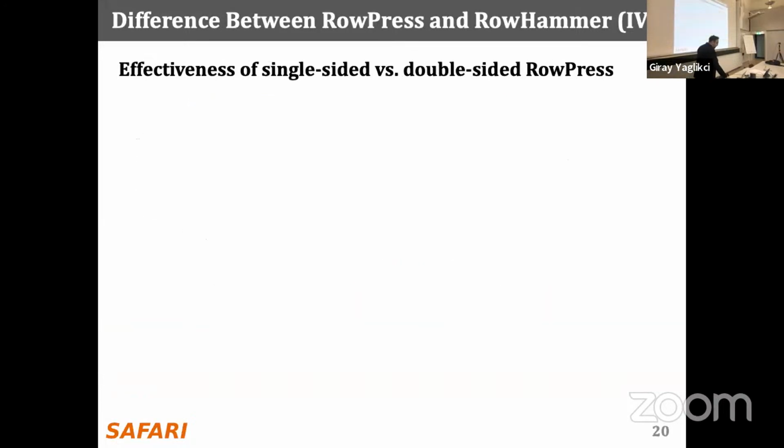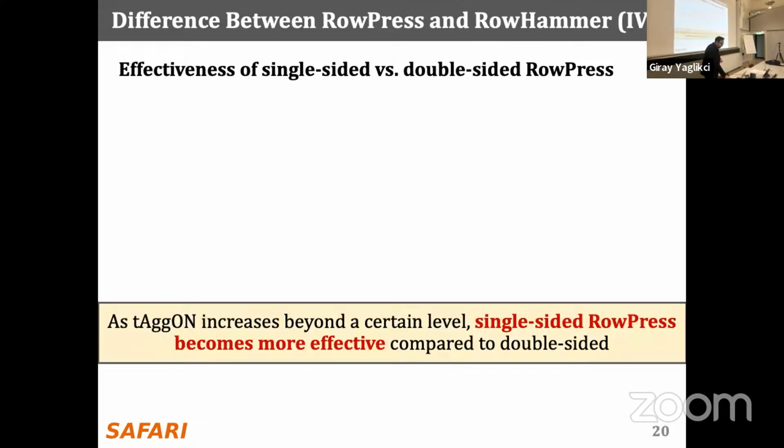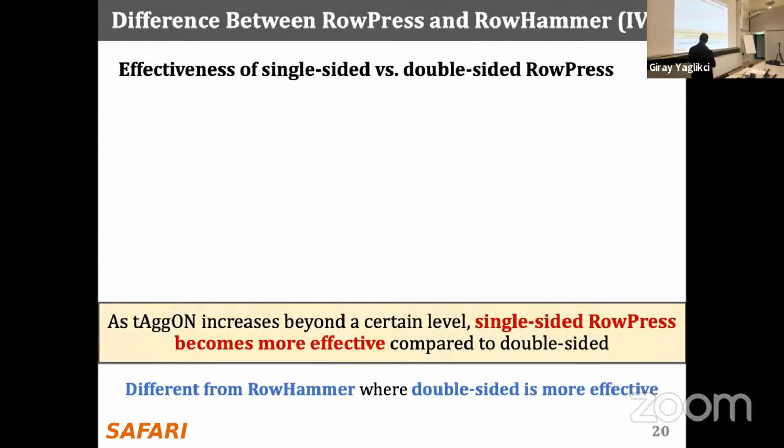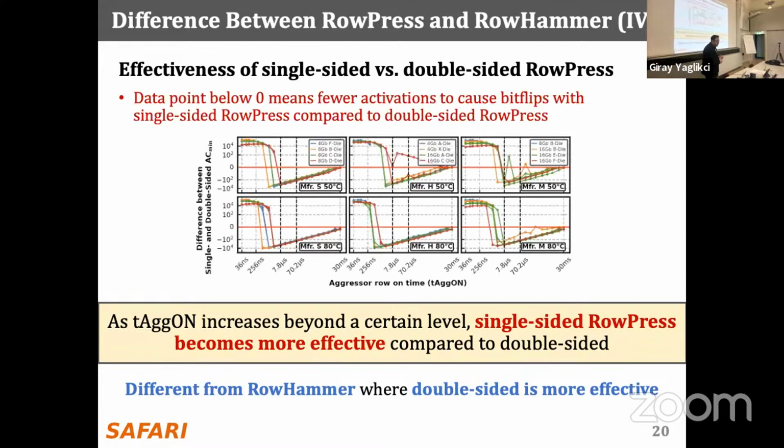So there's another difference in this behavior. And the last piece is the effectiveness of the memory access pattern in terms of your hammering or pressing from one side or from two sides. The takeaway is that as tAggON increases, single-sided RowPress becomes more effective compared to double-sided.